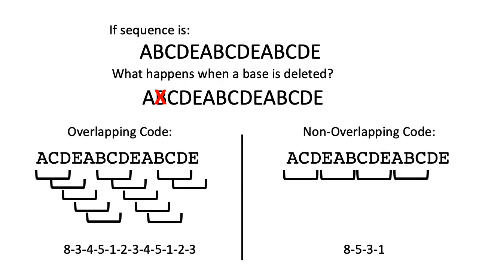The second codon should have been BCD, but without the B, it shifts, and now it's CDE, and that's just the codon giving us amino acid 3. And so the entire rest of the sequence, if you look at it, is exactly the same: 3, 4, 5, 1, 2, 3, 4, 5, 1, 2, 3, 4, 5, and so on. So the only effects are going to be right in the immediate vicinity of that deletion, just the codons that the deleted base was in.